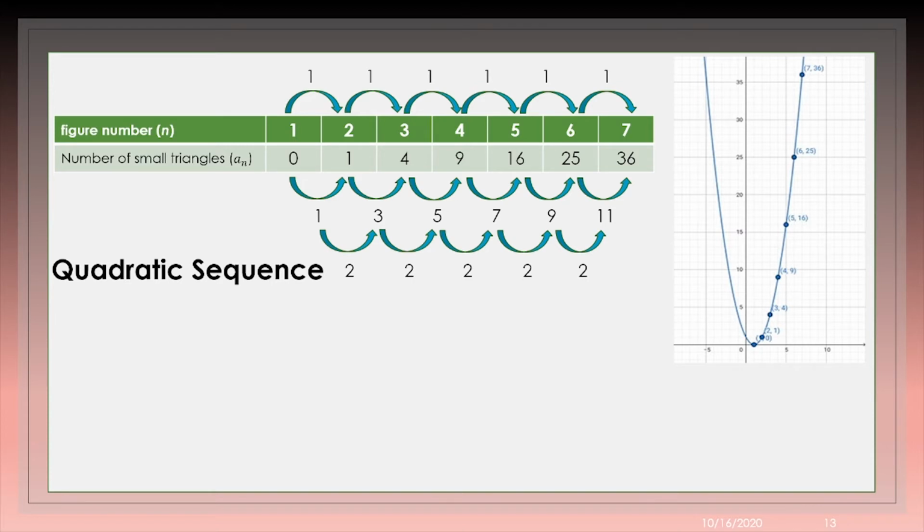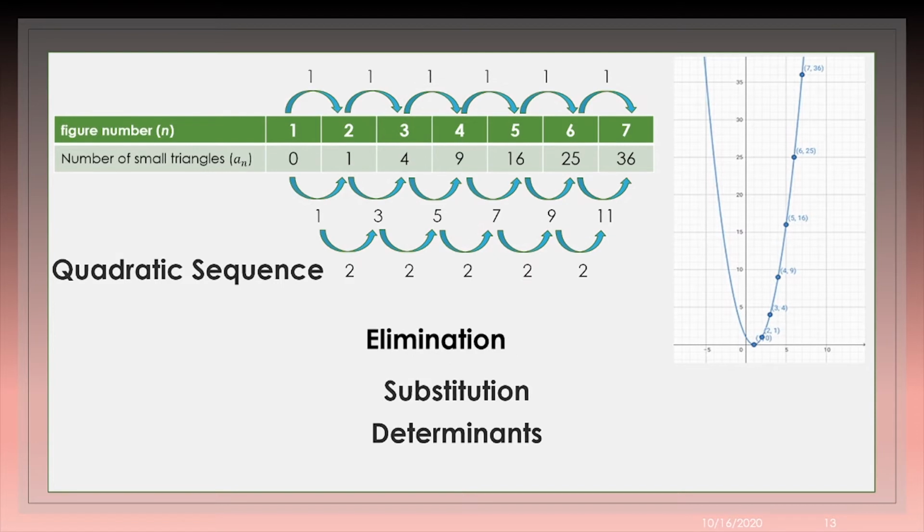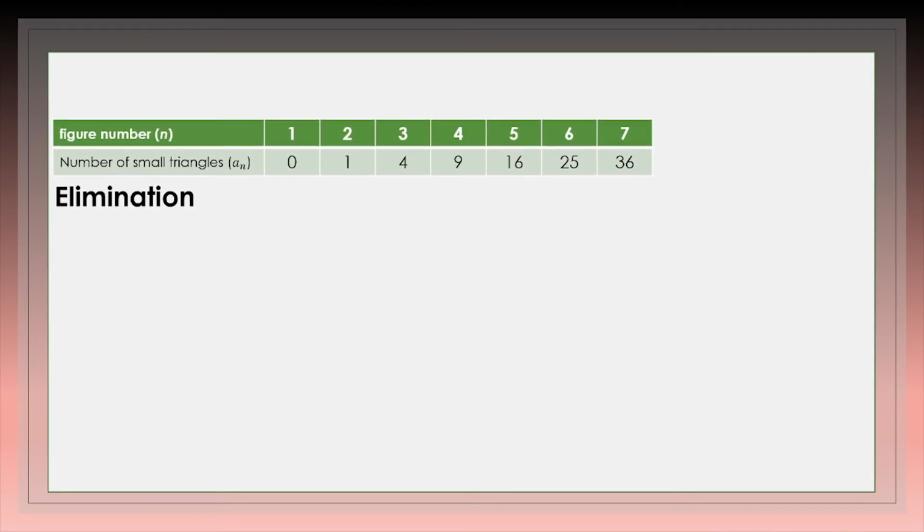So, kung ibabalik natin sa lesson natin sa quadratic equation, how are we going to write the equation of quadratic equation? So, meron tayong iba't ibang way. So, papakita ko yung tatlong karaniwan. So, the first one is elimination method. Pwede din ang substitution method and by determinants. Pero ang gagamitin natin ngayon is the elimination method.